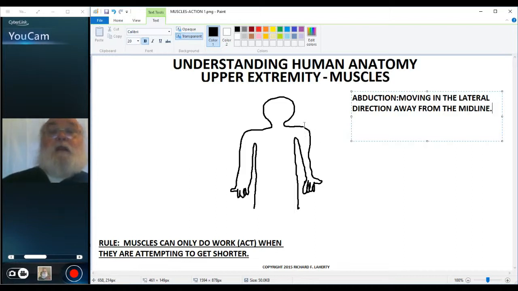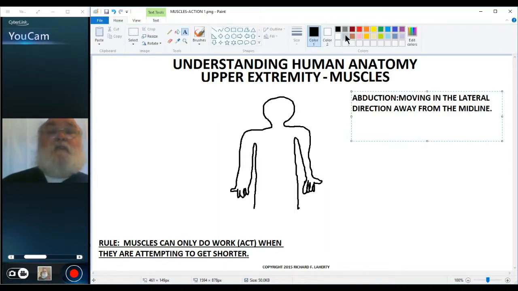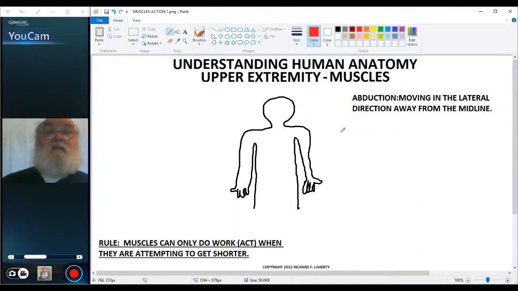So, if we were looking at this crude drawing, and we used muscles to move the arm at the shoulder out to this position.